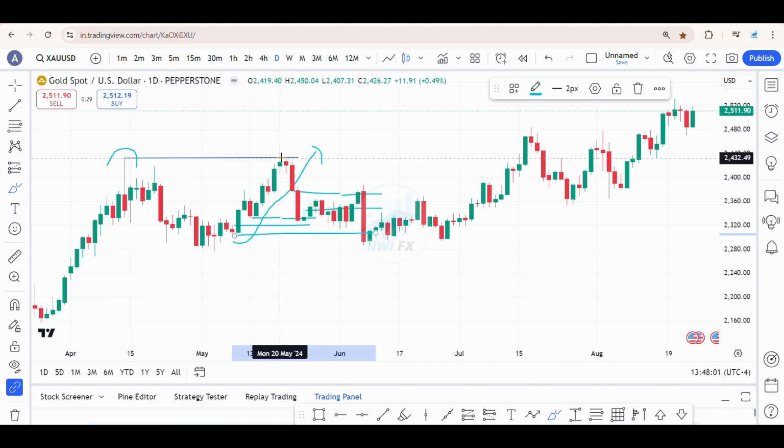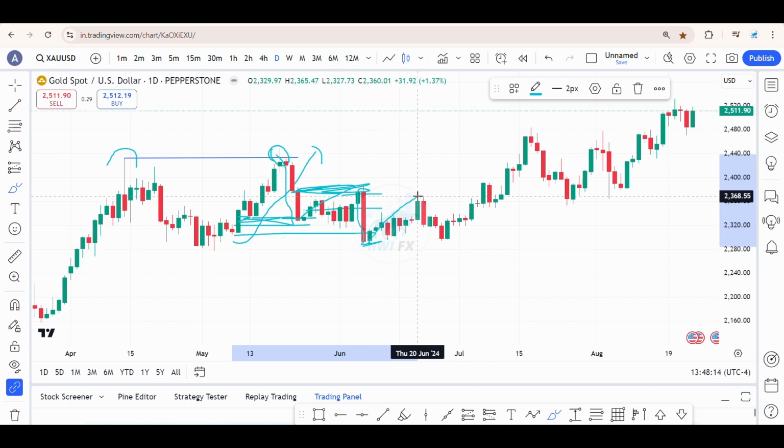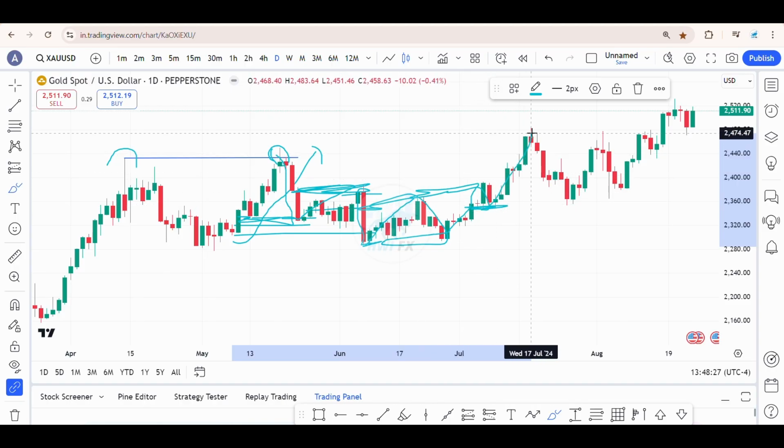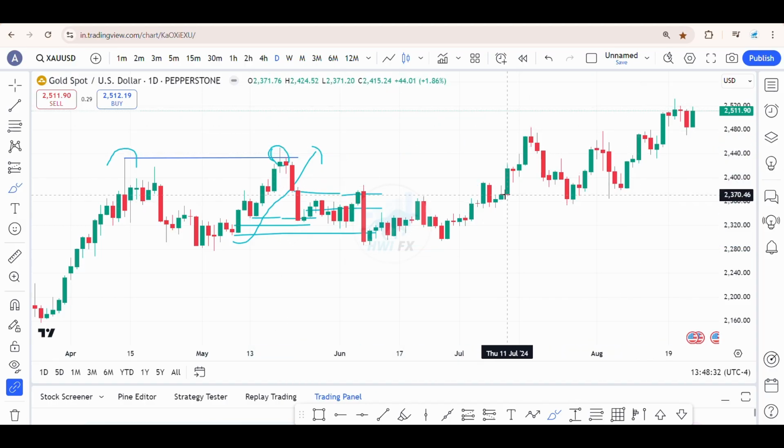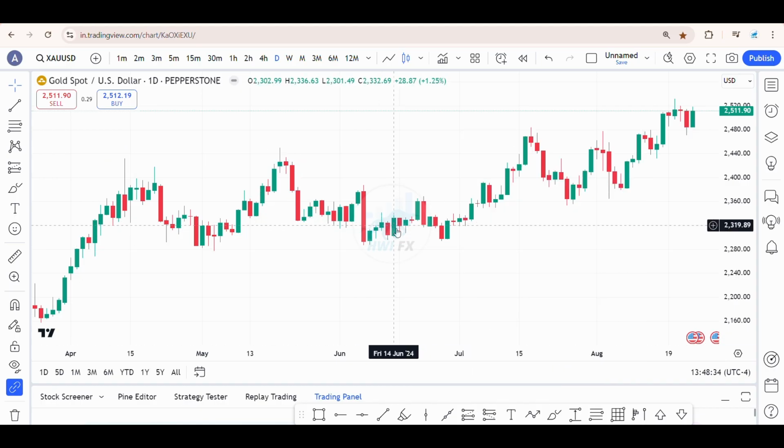Then if you see, price moved from external to imbalance, internal, then internal, then external, then FVG, internal, then swing low, external, then again external, then this internal, then again this external. So price is doing the same thing again and again. It's moving from external to internal, internal to external.